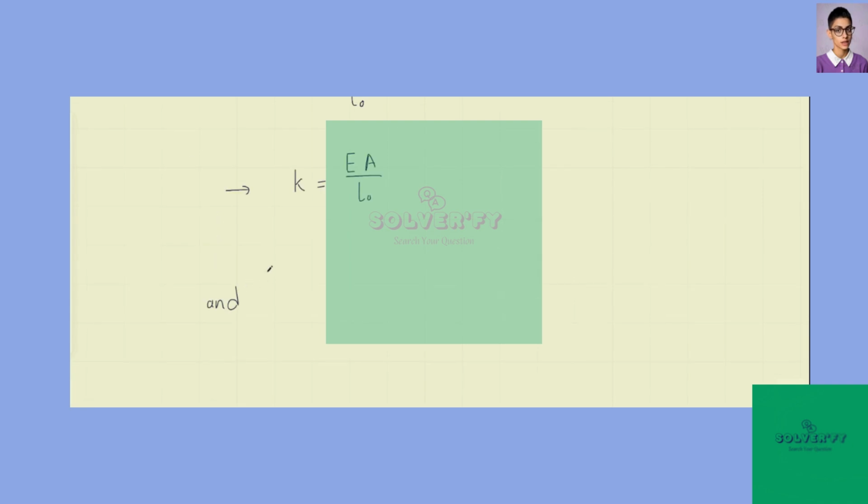We know that the period of bouncing T is equal to 2 pi times the square root of m over k, which we can write as 2 pi times the square root of m L0 over EA.